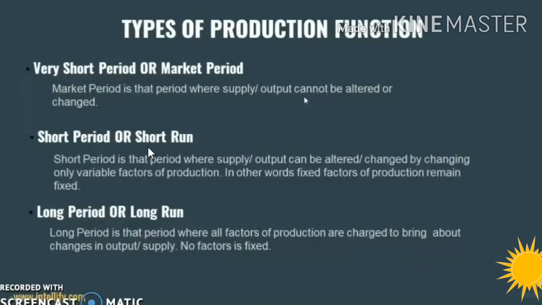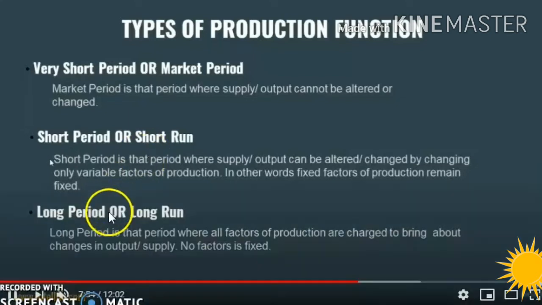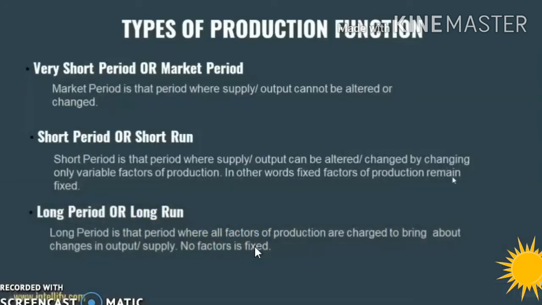So in the short run, capital we cannot change, only labor we can change. Then the long period or long run is that period where all factors of production are changed to bring about changes in output supply. No factor is fixed. So in the long run, all the factors we can change.